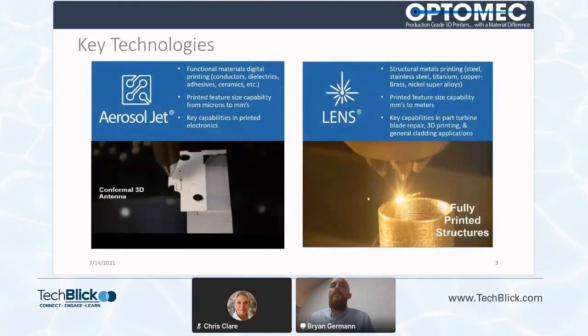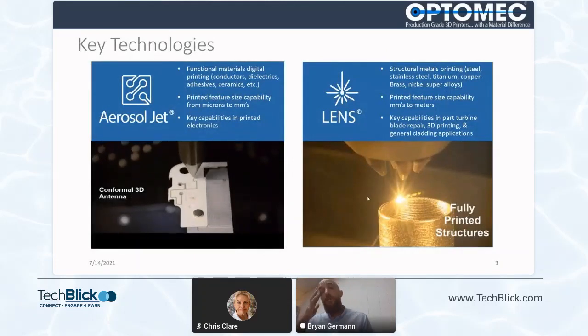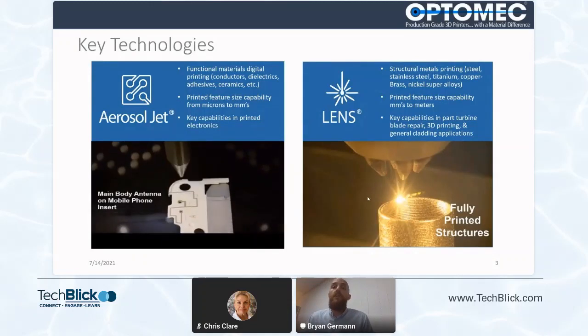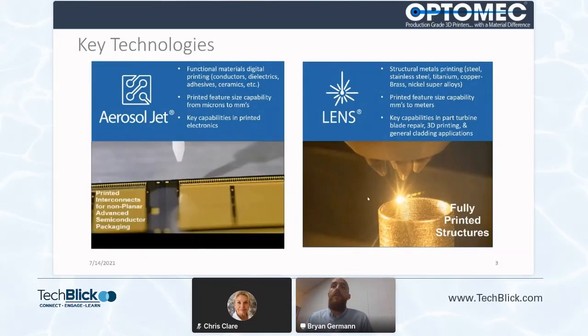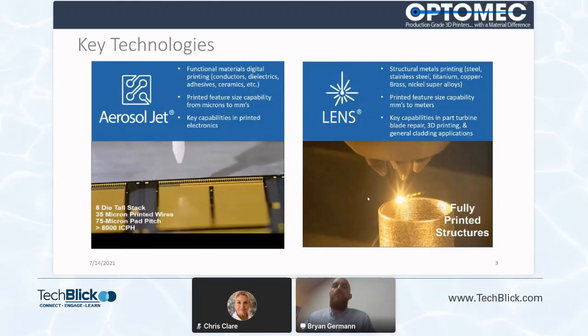So this slide here shows just a brief overview of the two technologies. I mentioned Aerosol Jet and LENS. Aerosol Jet is a functional material printing technology where we take particles, typically either spherical or platelet in shape, suspend them in a solvent solution, and jet them onto the surface.